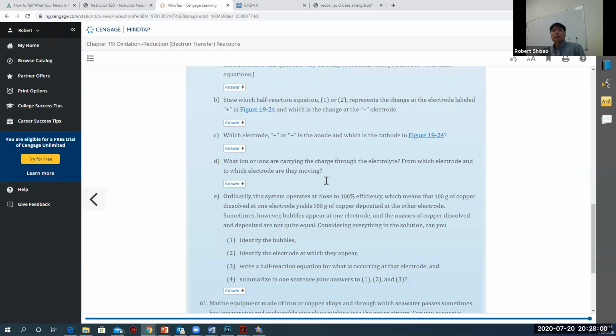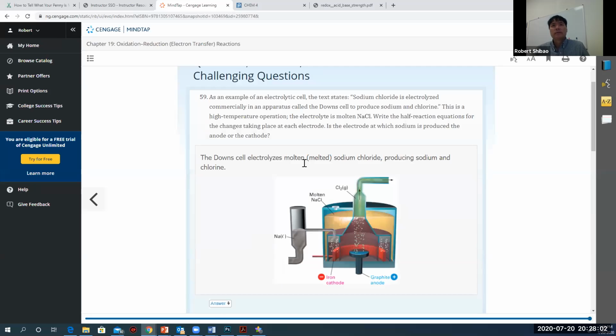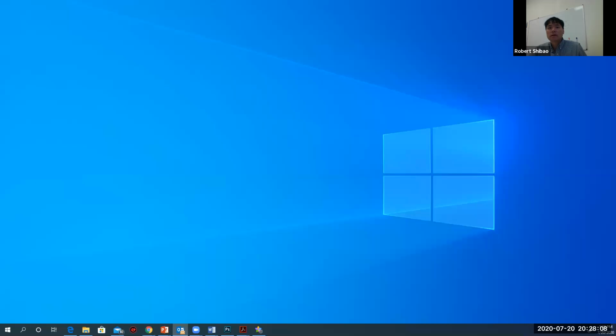All right, so this is some examples of skeleton redox. Now let me talk a little bit more about redox. So I'll talk more about redox.